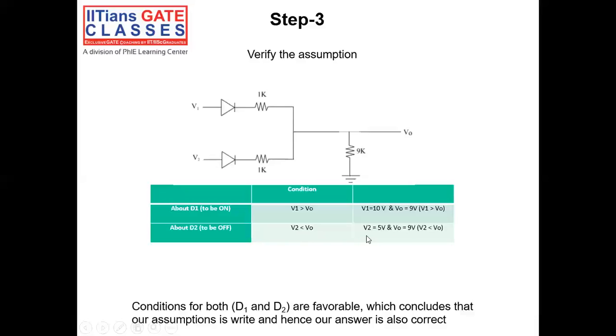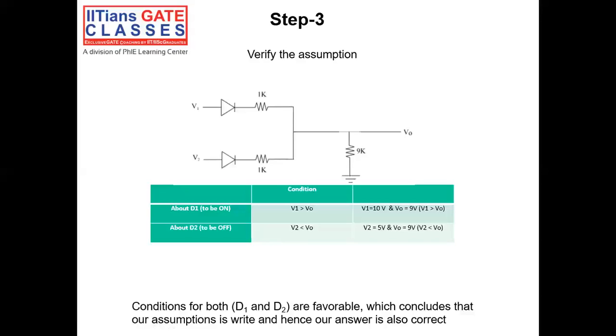V2 in the question is given as 5 volt, and the V0 we have calculated is equal to 9 volt. So yes, V2 is less than V0, which is our condition for D2 to be off. So in this assumption, D1 is on and D2 is off, which matches our assumption.